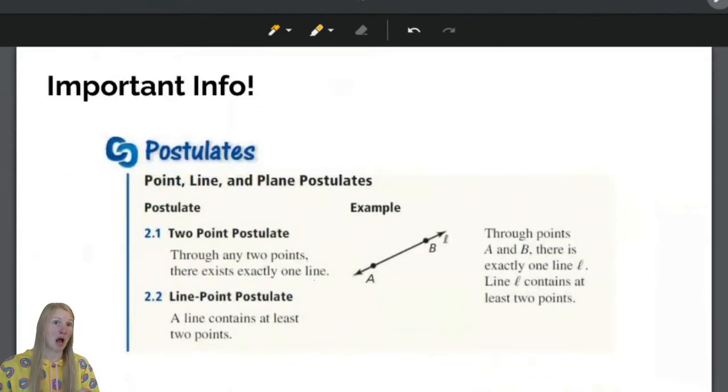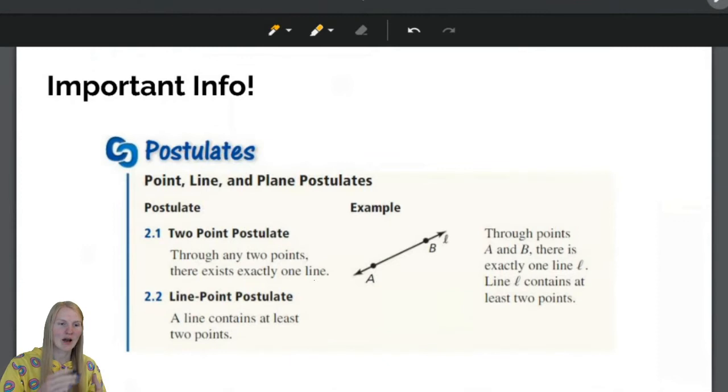There are many postulates, but they all make a good amount of sense. So I'm going to encourage you to write these down. If you're like, no, that 100% makes sense, I know exactly what you're talking about, maybe you don't need to write all of it down. But for me, I don't get things the first time around. I don't just read it and understand it.